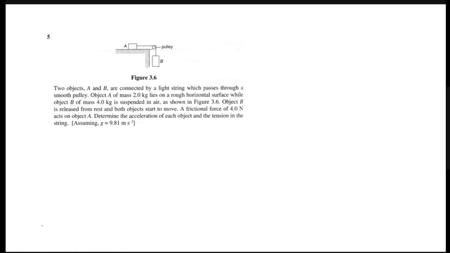Now, if you ever encounter this kind of question, label first. This is 2.0 kilogram, and this is 4.0 kilogram. So B will be pulling A. If B is pulling A downwards, then logically the acceleration a is pointing this way. This is not gravity. This is a, because B is pulling A. The whole thing is moving with this acceleration, pointing downwards.